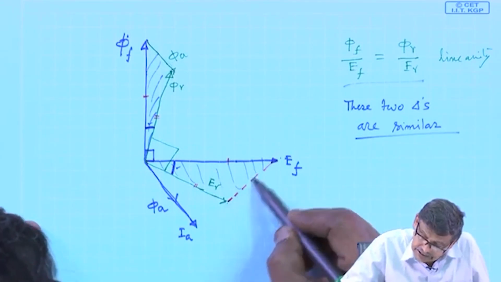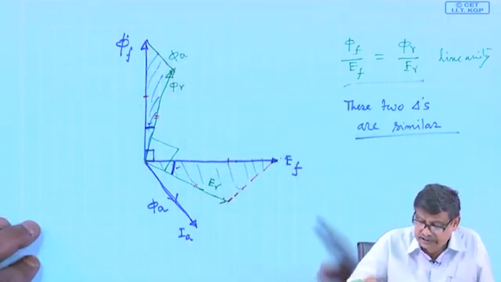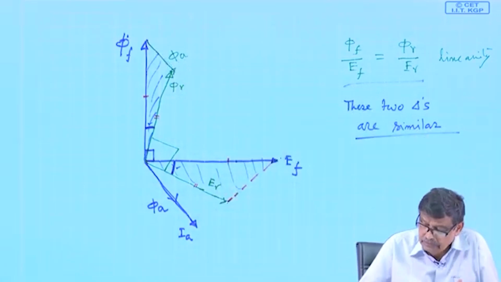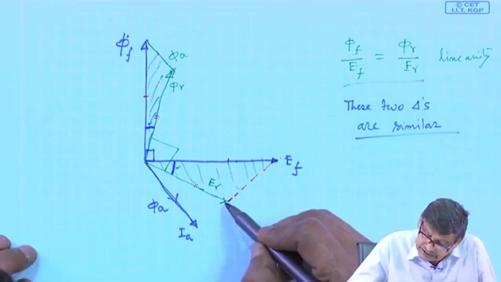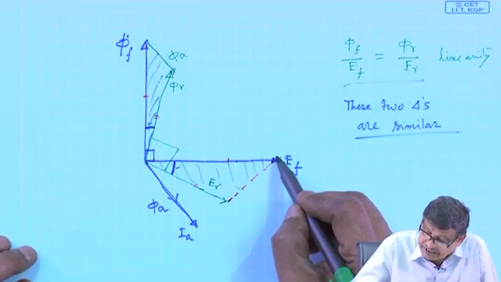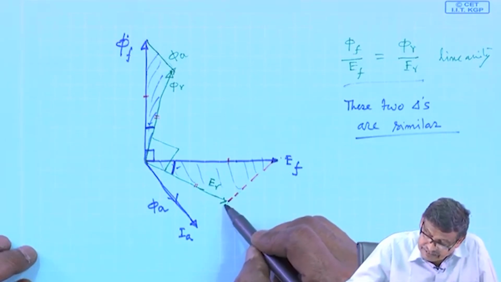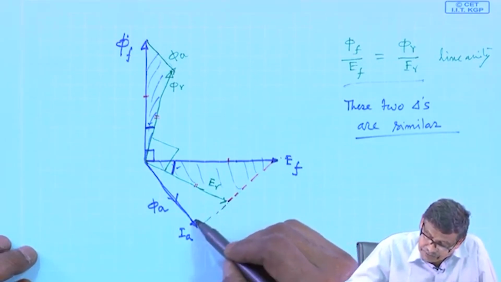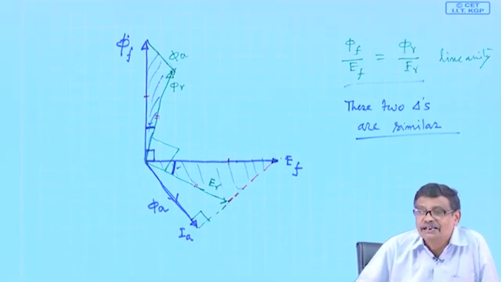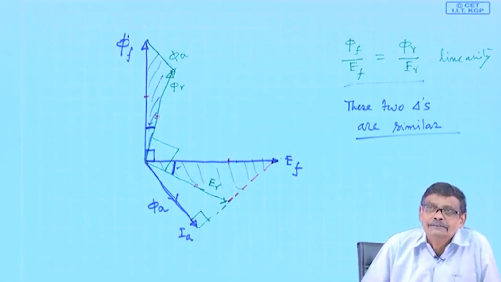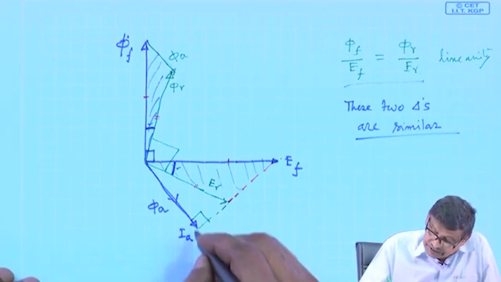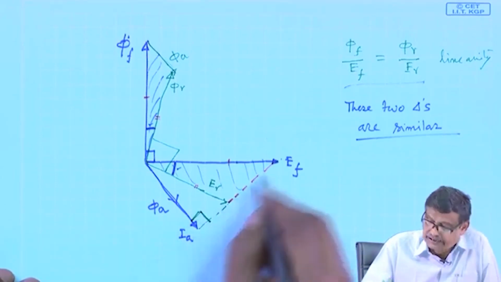That is, the angle between this and this must be 90 degree. It has to be. In other words, look at this line, this must be perpendicular to this phi a. Understood? This angle is also 90 degree.